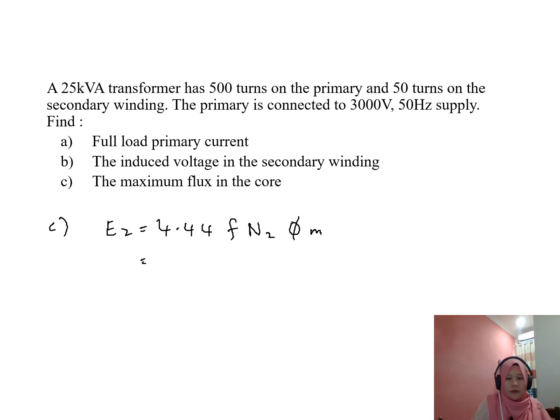The voltage at secondary is 300, 4.44, the frequency is 50 Hertz, the number of turns is 50. From here we can obtain the maximum flux in the core, which is equal to 27 milliweber.